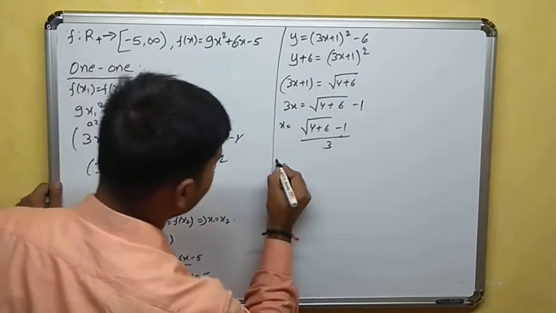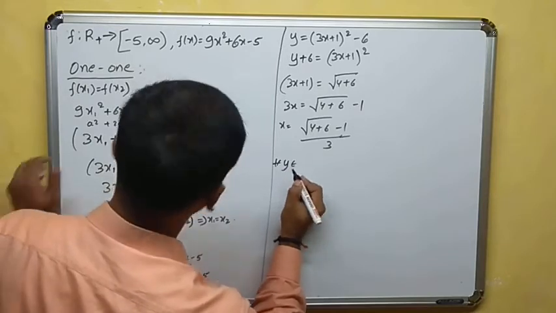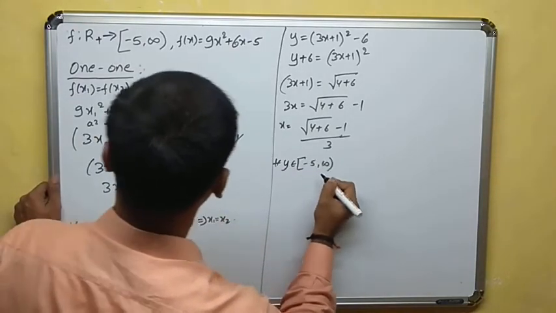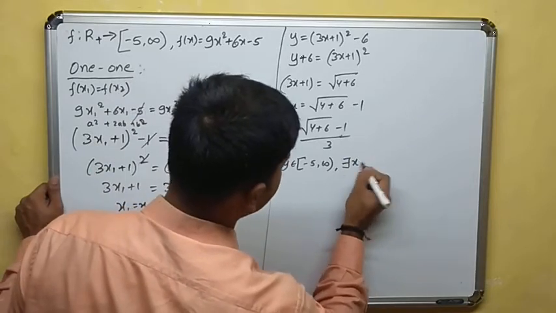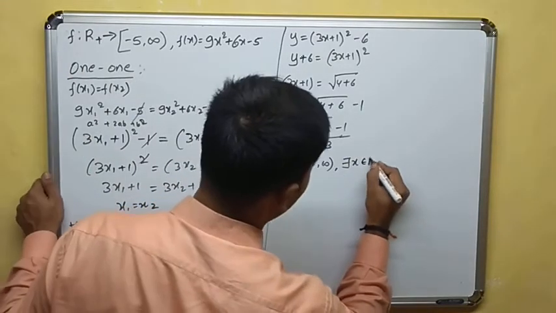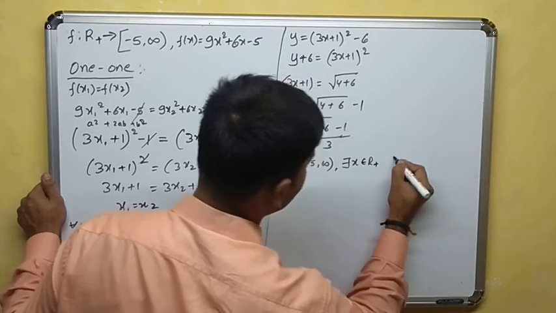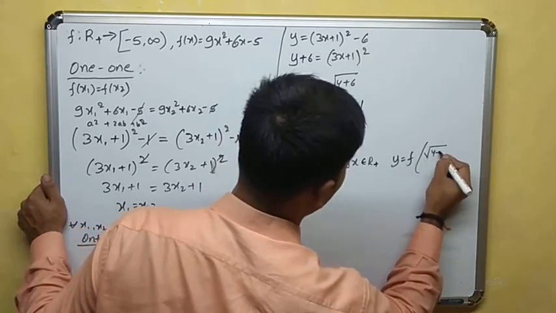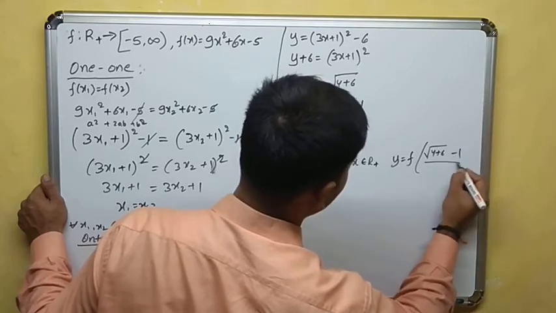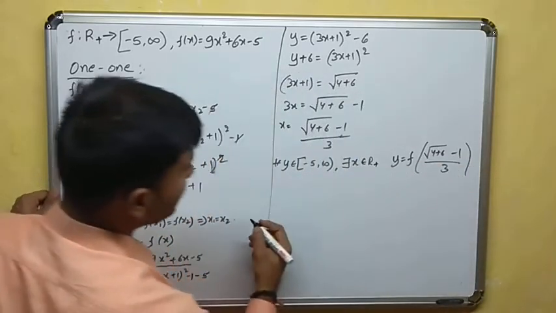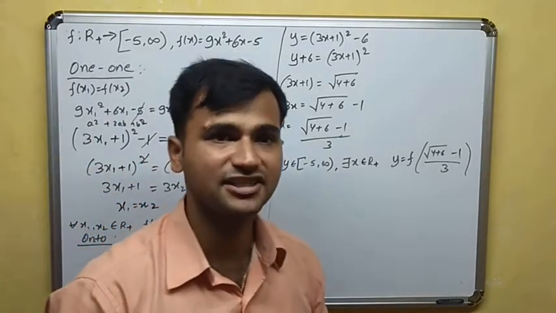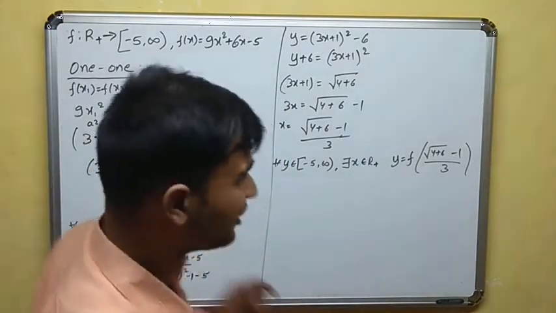Therefore we can write for all y belonging to [-5, infinity), there exists x belonging to R+ such that y is equal to f of (√(y + 6) − 1)/3. Therefore this function is one-one and onto, hence it is bijective, hence it is invertible.